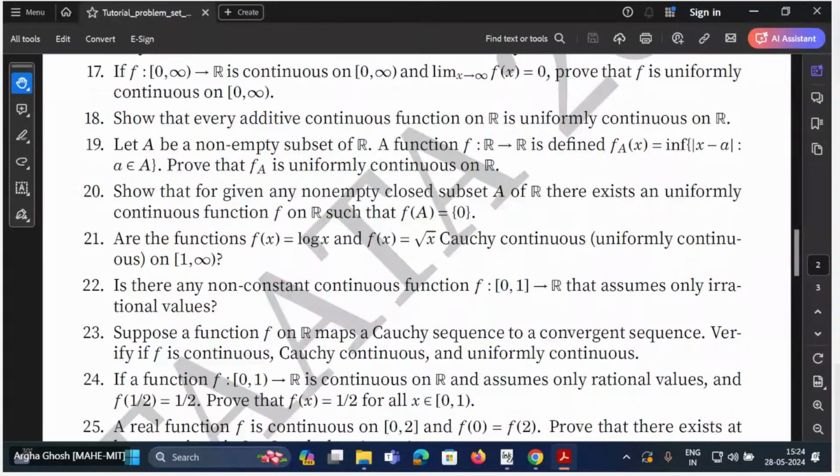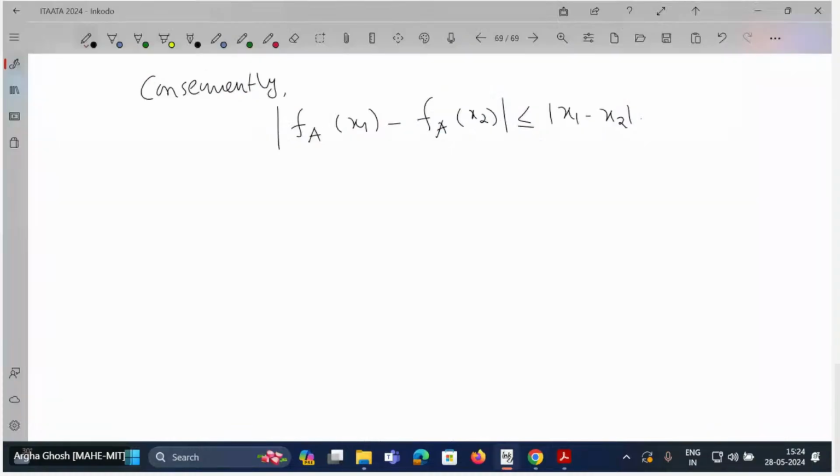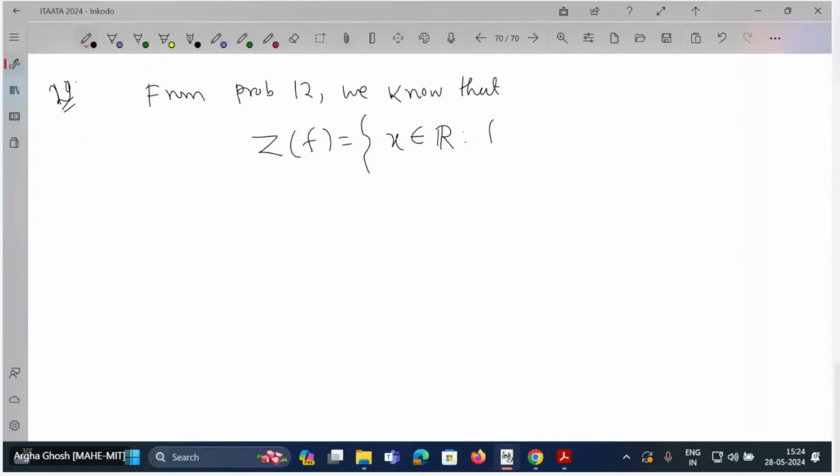Okay, let me give you the information we have till now. From problem 12, we know that the set Z of f, all x belonging to R such that f(x) equals 0, is a closed set.